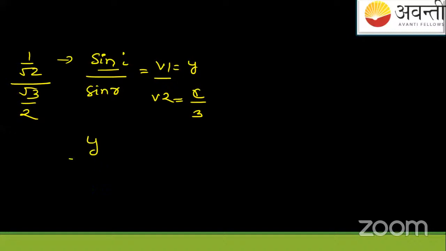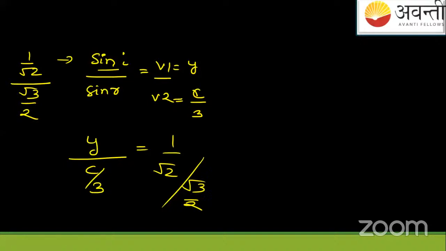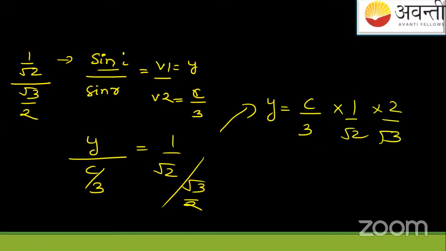Okay, let us solve this. v upon C by 3 equals 1 by root 2 upon root 3 by 2. So when you solve this, what comes? It is equal to C by 3 multiplied by 1 by root 2, 2 by root 3. And the answer is v equals C 2 root 2 upon 3 root 3.